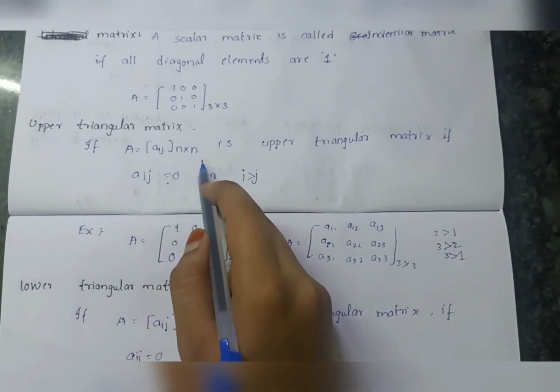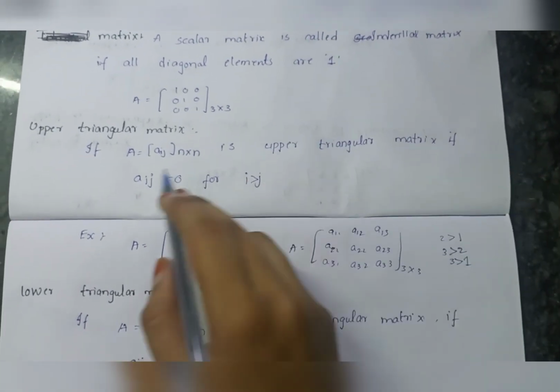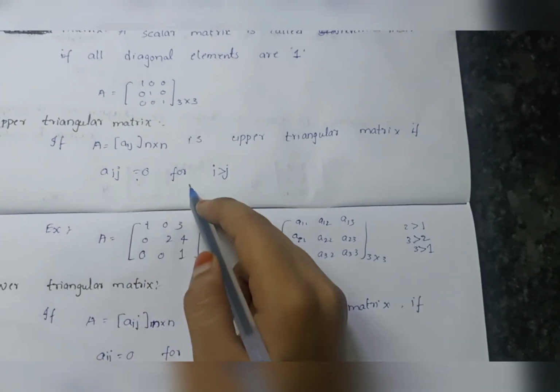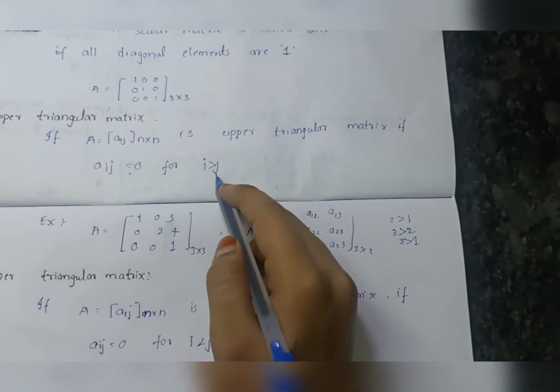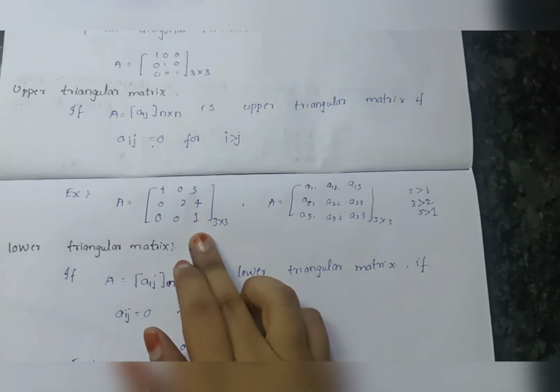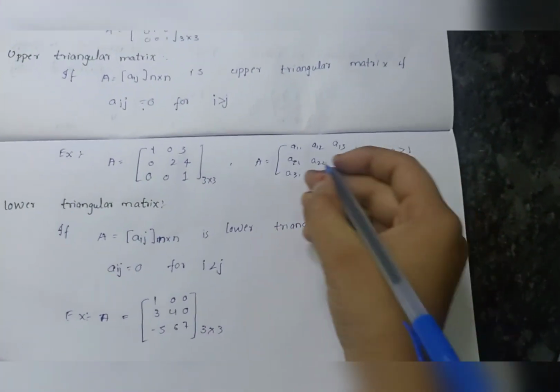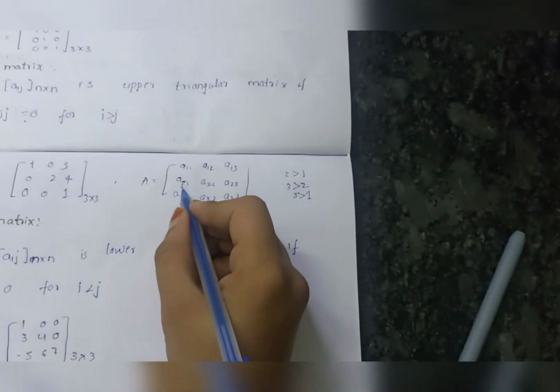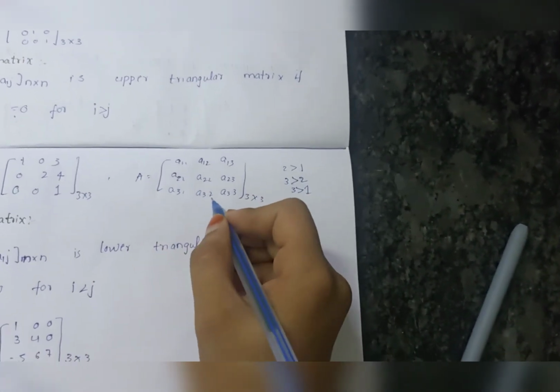Upper triangular matrix: A equal to [aij] n into n is an upper triangular matrix if aij is equal to 0 for i greater than j. In the example we can see a21, a31, a32.